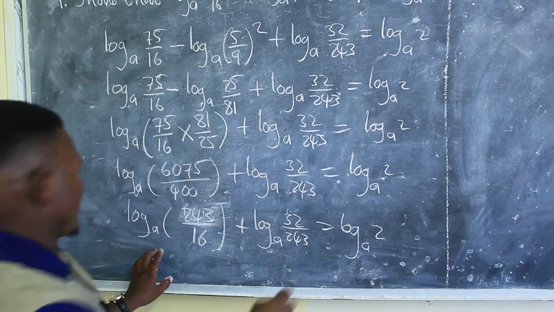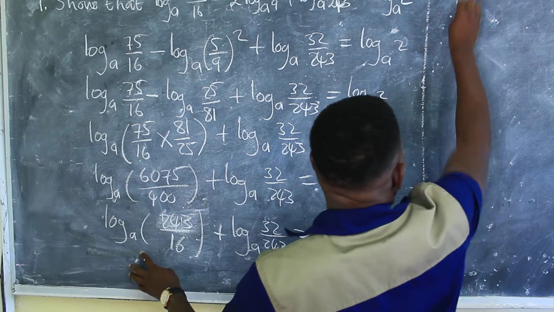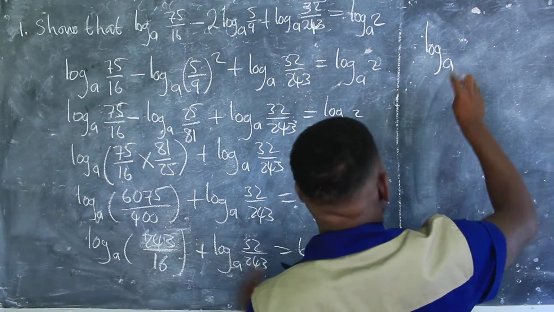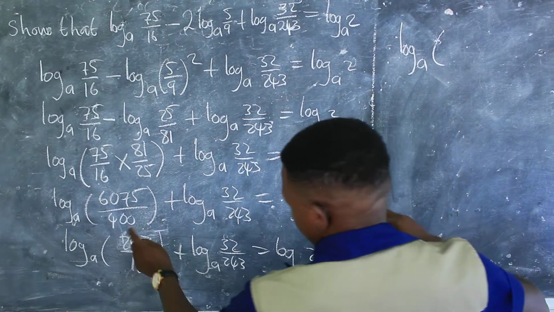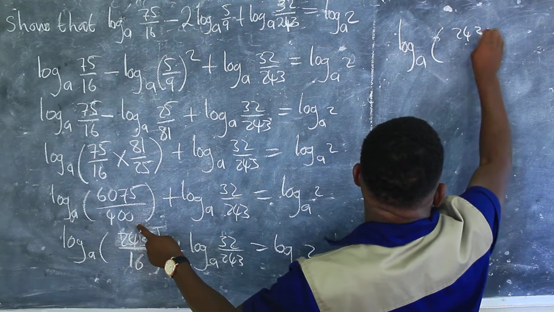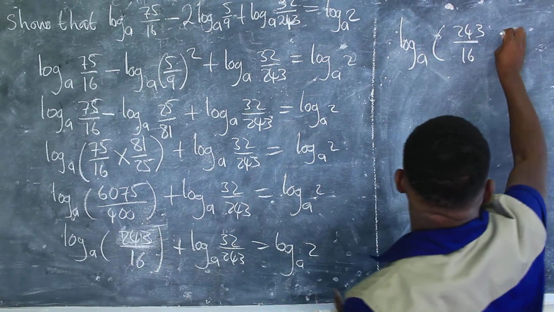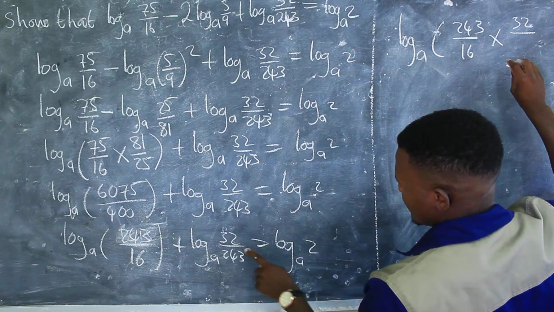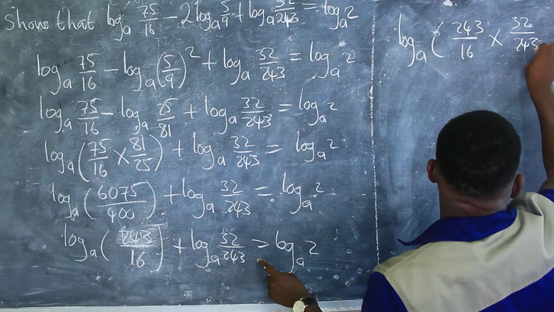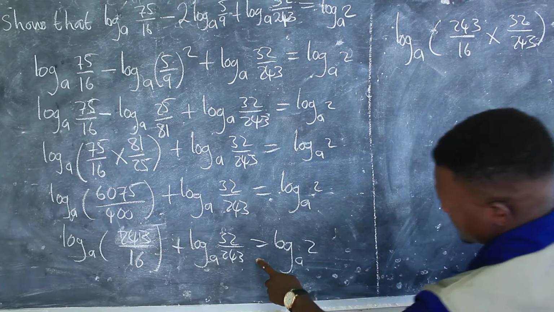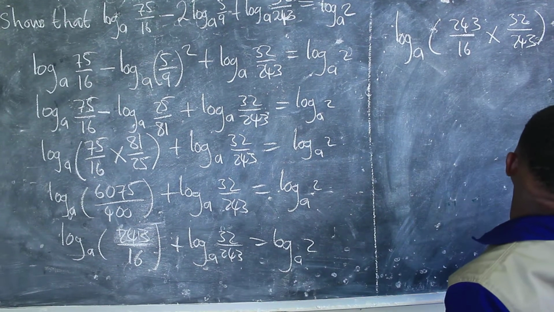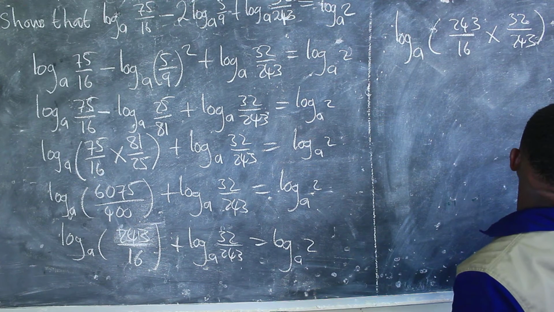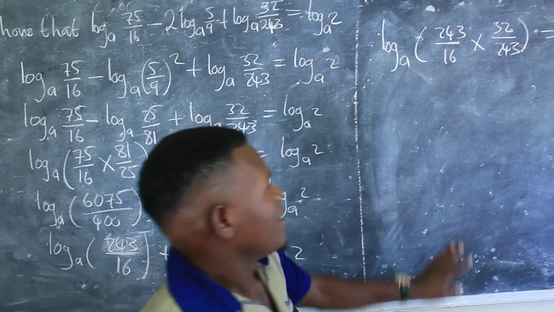So it's going to be log base A of 243 out of 16 multiplied by 32 out of 243, which is equal to log base A 2.